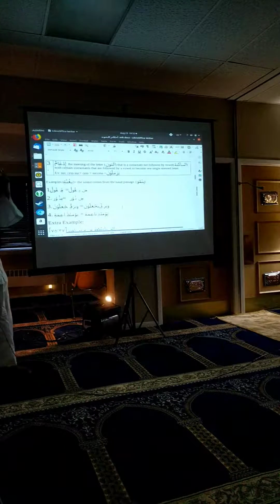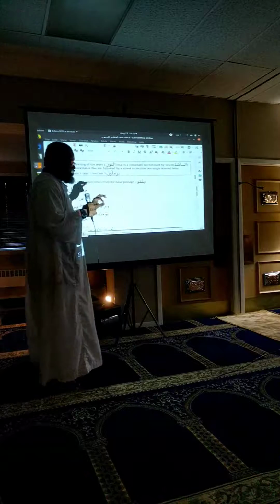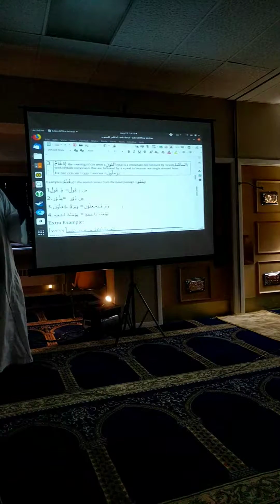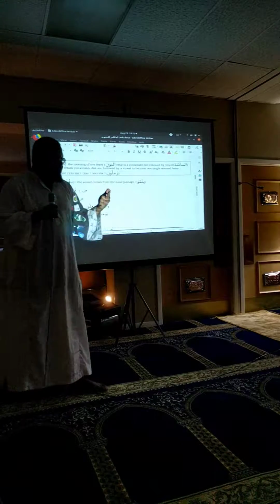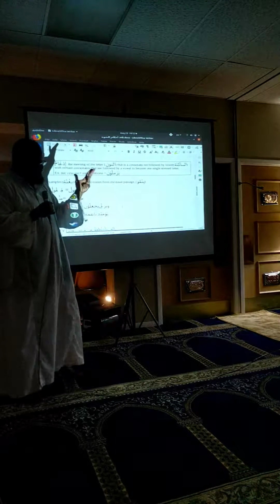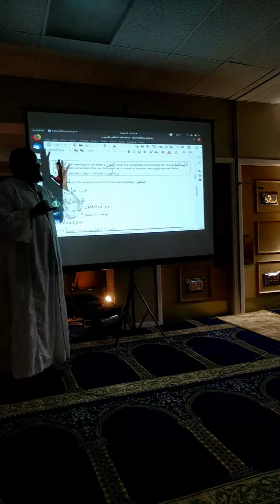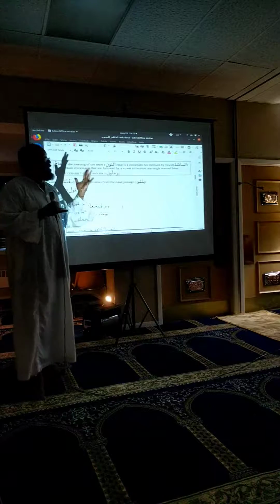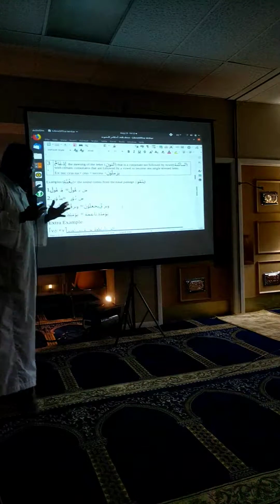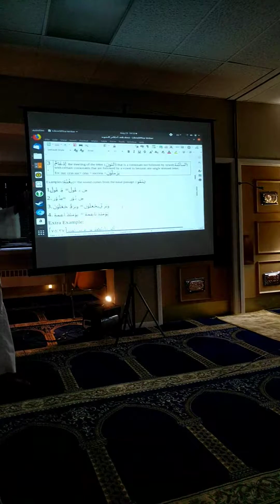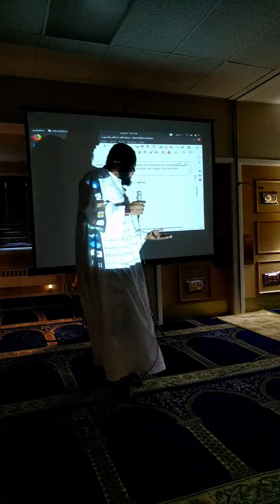So the 15 letters: sif, the sod, the dal; thanakum, the tha and the kaf; jada, the jim; shakhsun, the sheen; qad, the qaf; sama, the sin; dum, the dal; tayyiban, the ta; zid, the zay; fi, the fa; tuqa, the ta; da, the dad; zalima, the za.